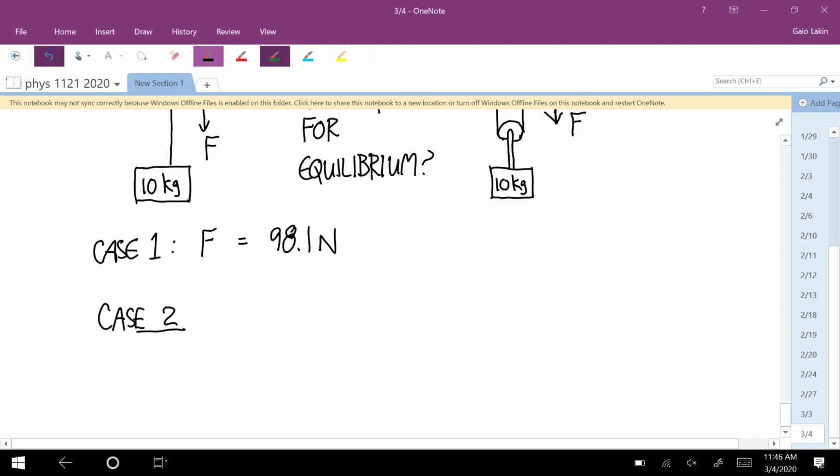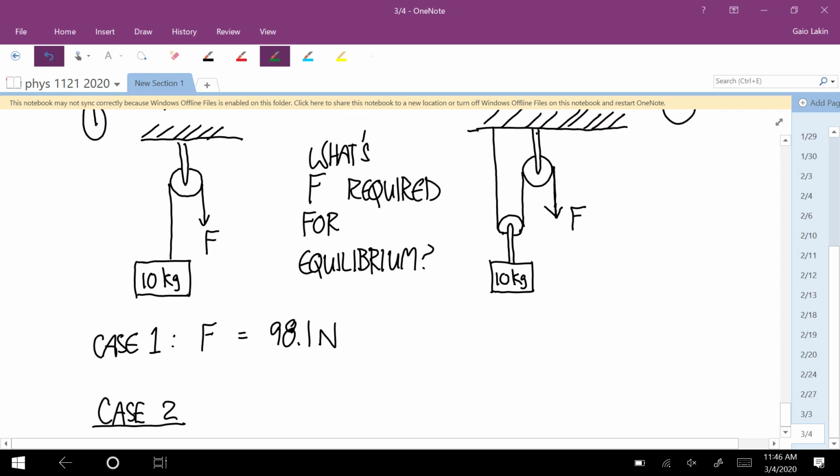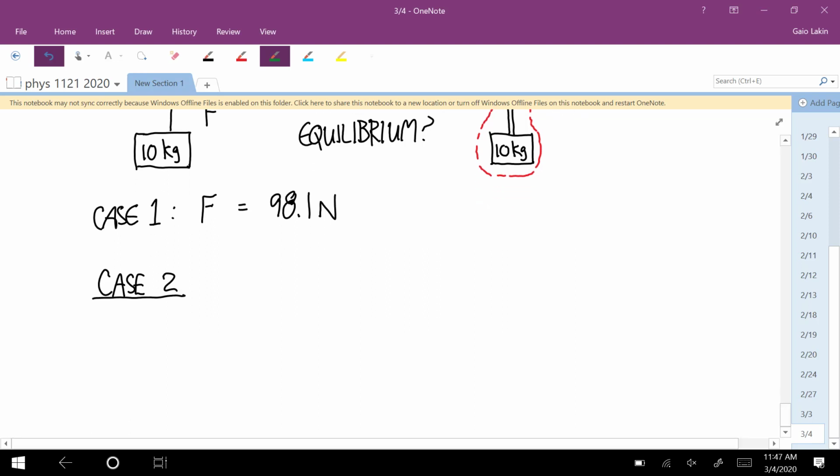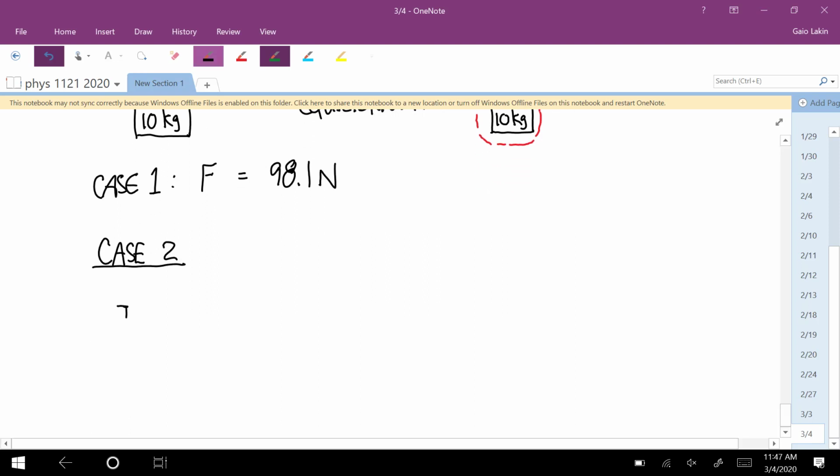So case 2. And for our free body, here's what I'm going to isolate. You know, you can isolate anything you can put a closed outline around. So I'm going to do all this. So the free body diagram looks like that.